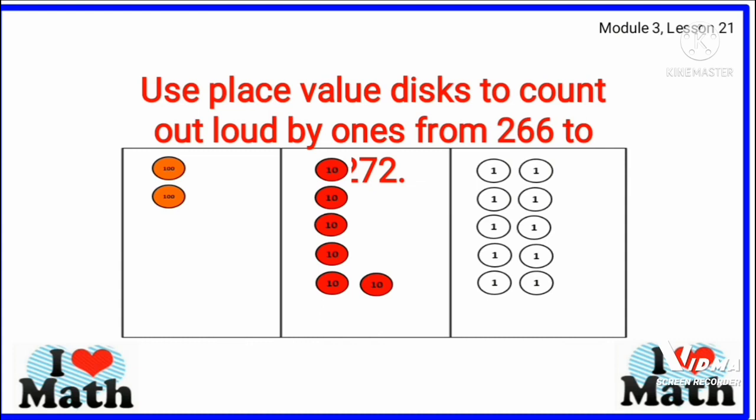Can we exchange for something? Okay, so we have 2 digits of 100, 6 digits of tens, 11 digits of ones. Let's keep counting. 270, 271, 272. That's what you have.